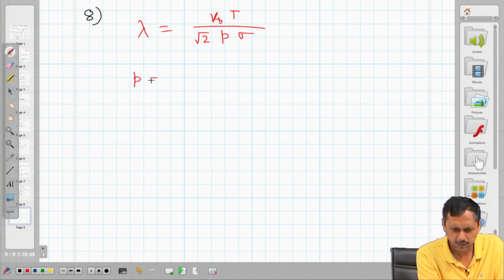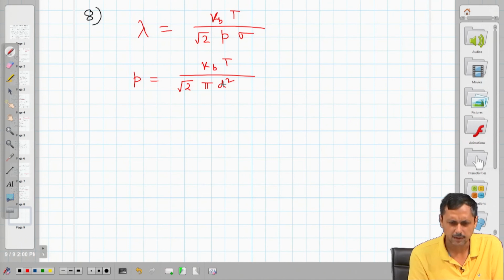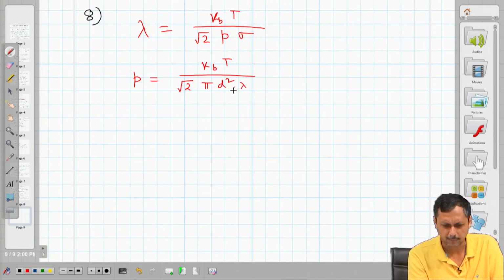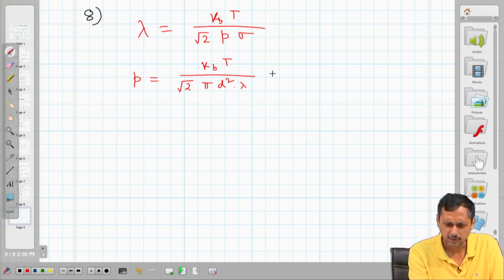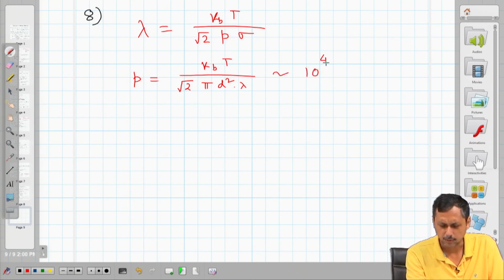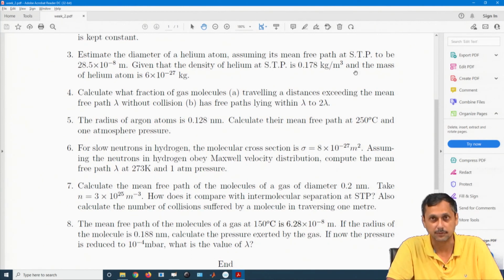So p will be equal to kBT divided by root 2 sigma lambda, where sigma is pi d square. If you put these numbers, you will get a pressure of the order of 10 to the power 4 Pascal. I am not doing it for you, you should try it yourself. It is very simple. I will give you the final answer in the final notes that you get.